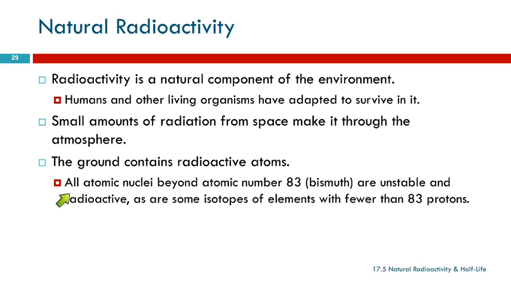Any of the atoms that have atomic number past 83, 83 is bismuth, anything past that is radioactive. When you look at the periodic table over here, you find bismuth. Bismuth has an atomic mass of 208.980, and the next one over, polonium number 84, its mass is 209, a whole number in parentheses.